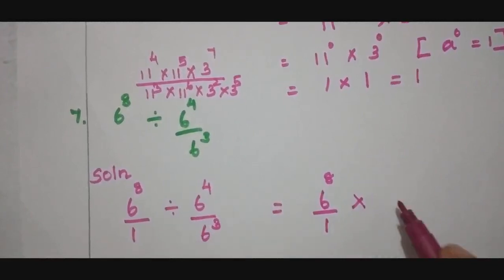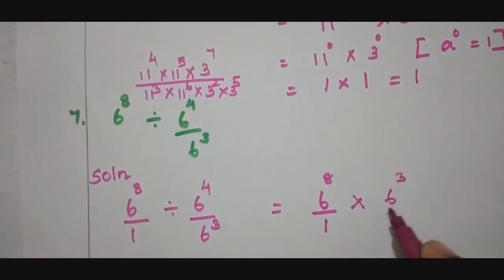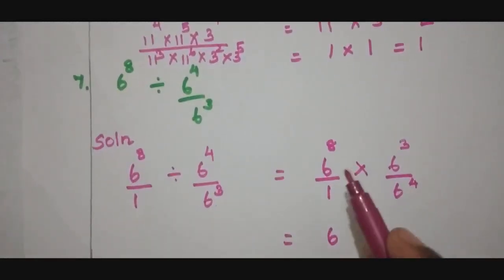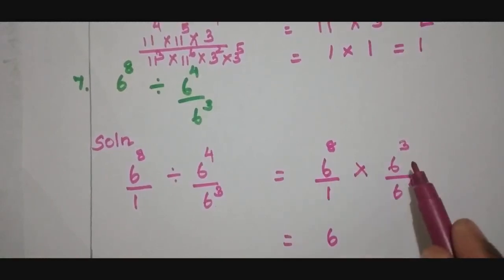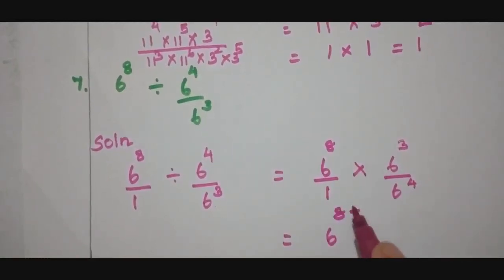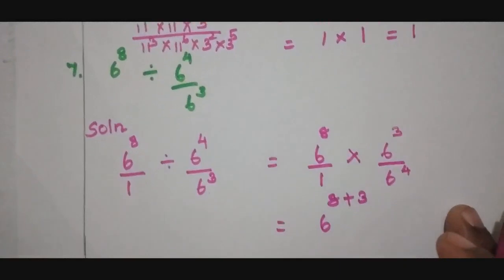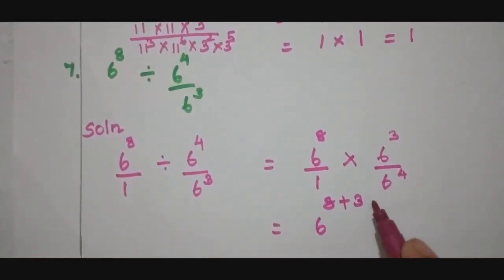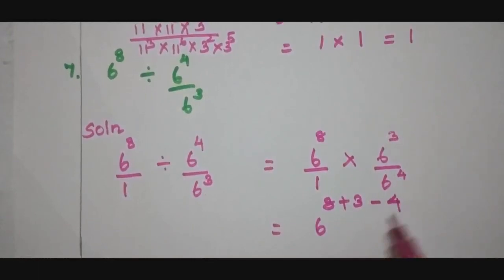Now it becomes 6 power 3 divided by 6 power 4, which is equal to 6 power. These two are in multiplication, so you should add the powers. And the 6 power 4 is in division, so you should subtract this one.